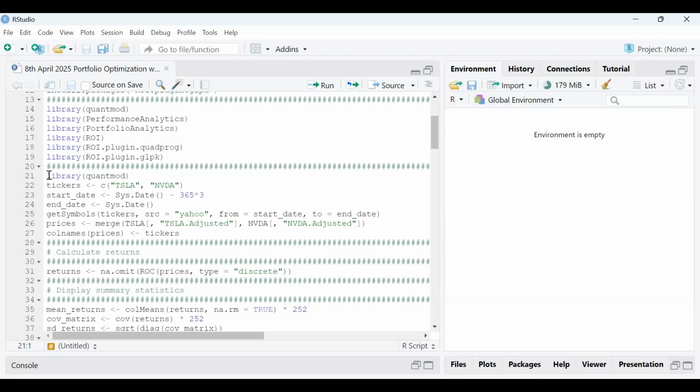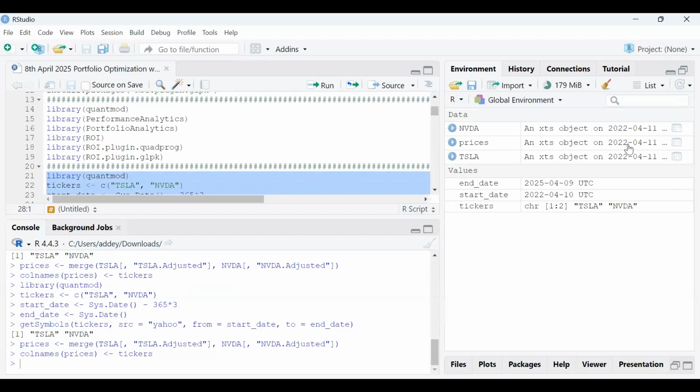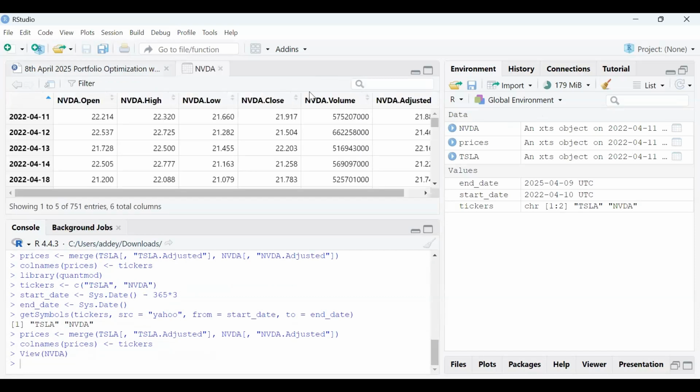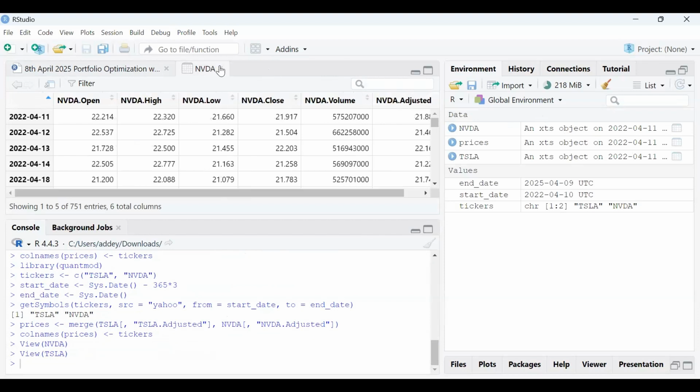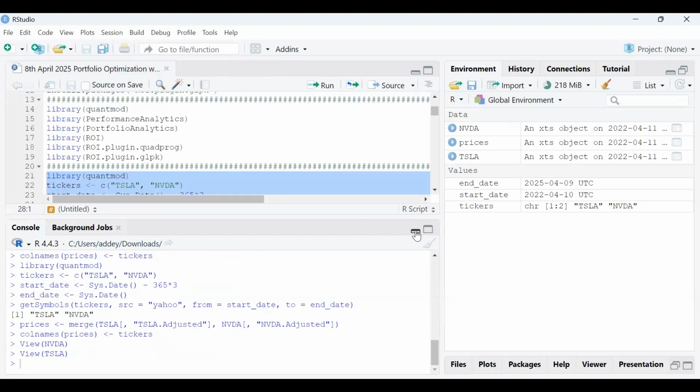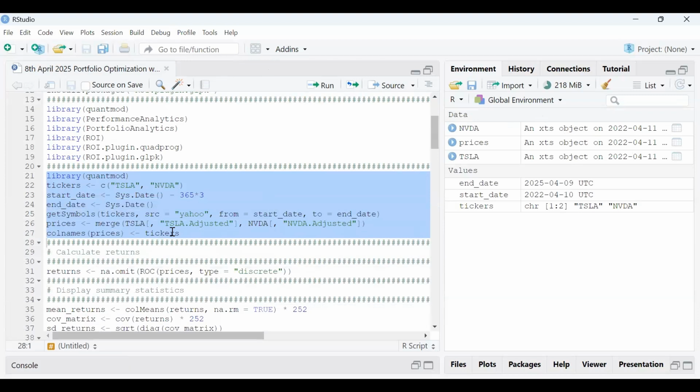So I run this by calling in the library. And then you see over here, I have my NVIDIA stocks here, and then Tesla stocks showing here. We are interested in using the adjusted prices, so closing prices. So we'll just focus on using the adjusted closing prices.